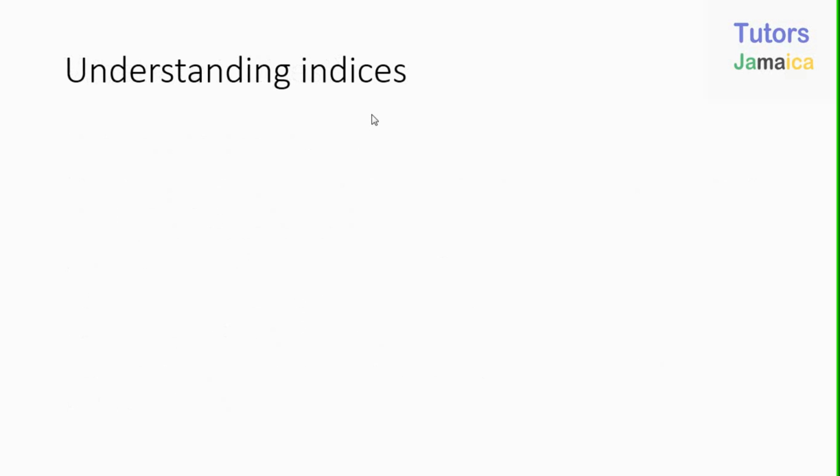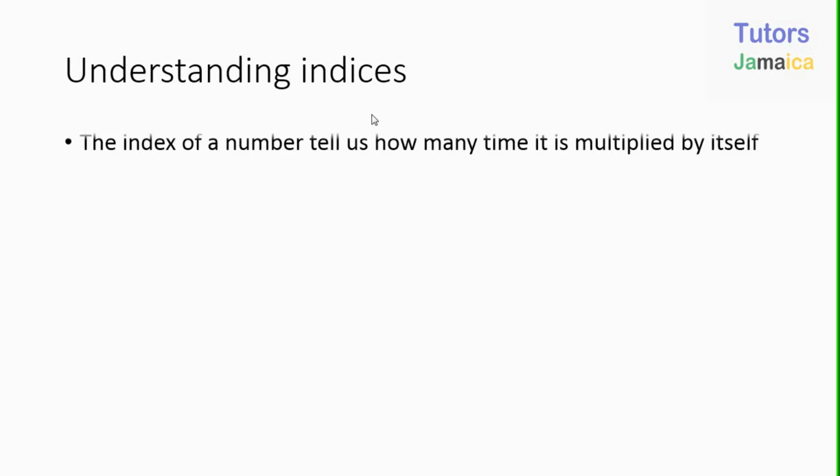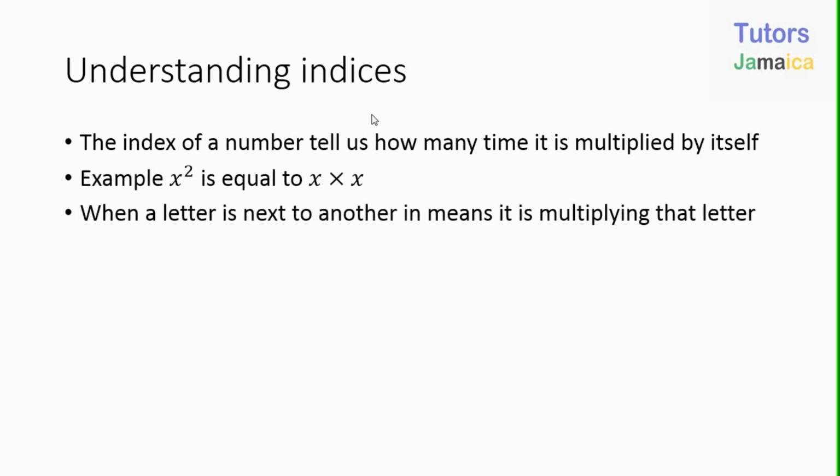So let's try and understand indices. The index of a number tells us how many times it is multiplied by itself, as we said before. For example, x squared is equal to x times x. When a letter is next to another letter, it means that we multiply that letter.